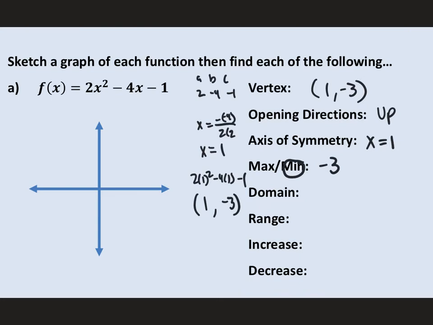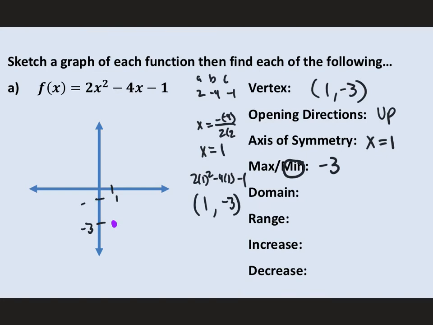So let's go ahead and graph this. I know I need to go to the right one, and I need to go down negative 3. Okay, that's where my vertex point goes. And then since we're in standard form, we know that our y-intercept is just the c value here, so that's going to be negative 1.